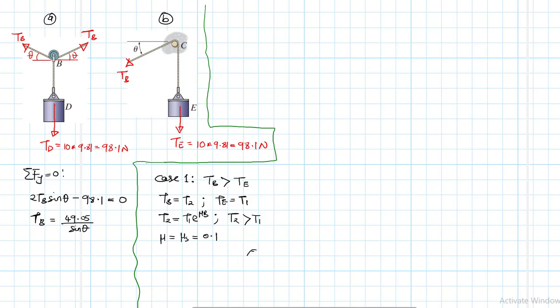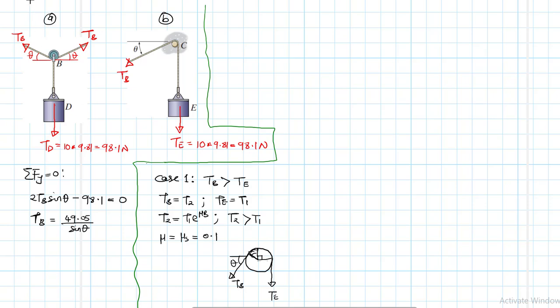if we are to draw this, we have a cable going straight down like this. This is TE, and then we have another cable which goes somewhere at an angle like this, which is TB. So we have this angle here, which is theta. So we have 90 plus theta.